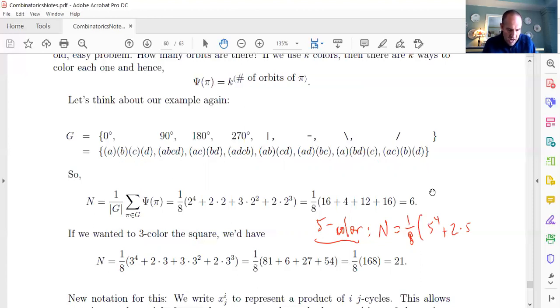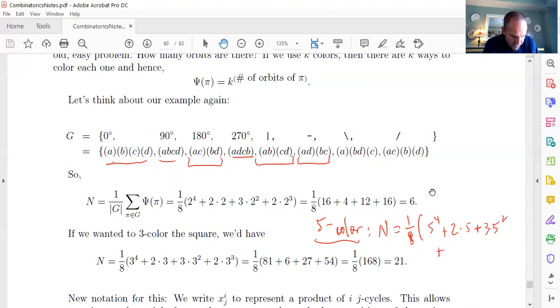So far I've done the identity and these 2 guys. Now what about these guys? The 2 cycles. It's going to be 5 times 5, 5 times 5, and 5 times 5. So this is plus 3 times 5 squared.